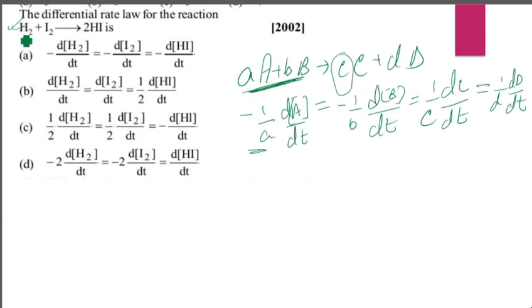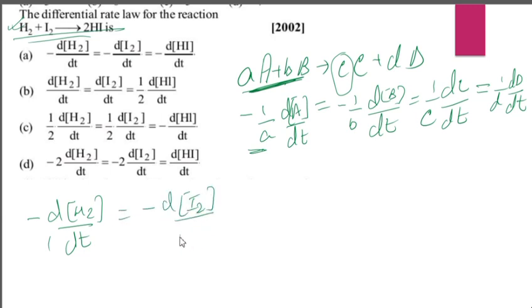According to what I said, how can we write this? We will write it like this: minus dH2 by dt. The coefficient is 1, so put 1, equal to minus dI2 by dt, 1, equal to 1/2 dHI by dt.